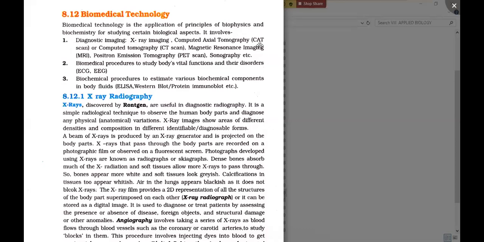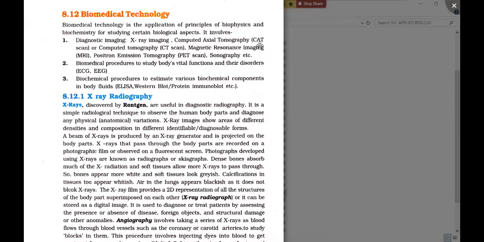Biomedical technology is the application of principles of biophysics and biochemistry for studying certain biological aspects. It involves diagnostic imaging like X-ray imaging, computed axial tomography, the CT scan or CAT scan, which we use to say computerized axial tomography or computed tomography, and magnetic resonance imaging, which we say MRI.